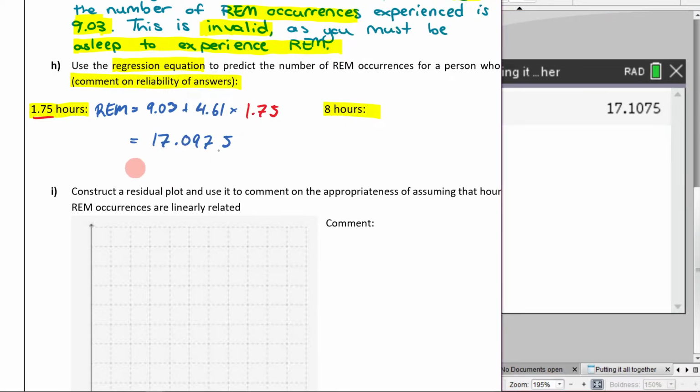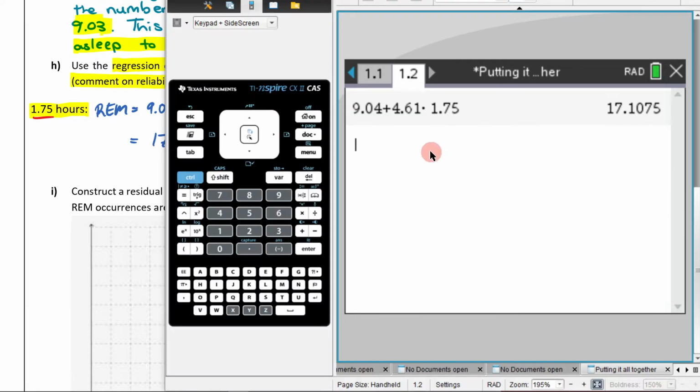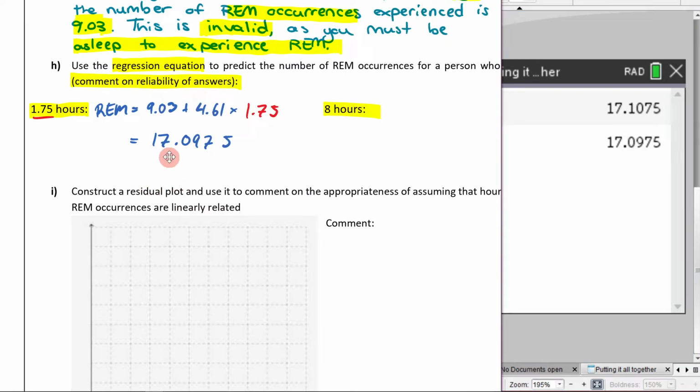And whoopsie daisy, I've accidentally written it a little wrong. Let me just double check I've typed that in correctly. 9.0. Oh, sorry, I wrote that in wrong. That should be a 3. 9.03 plus 4.61. I did do it correctly before. There it is, 17.0975.